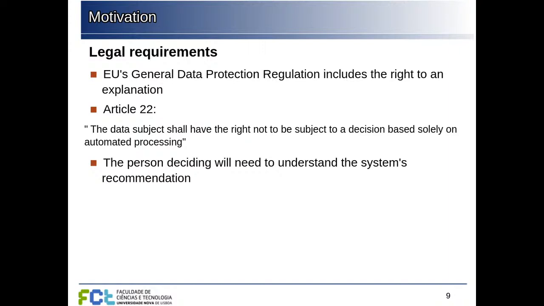Also, in the legally binding part, Article 22, the law stipulates that these decisions that affect people cannot be completely automated. There must be someone responsible for making the decision, even if the decision is based on recommendations by these machine learning algorithms. So this also creates a problem for the person that has to be responsible for the decision.